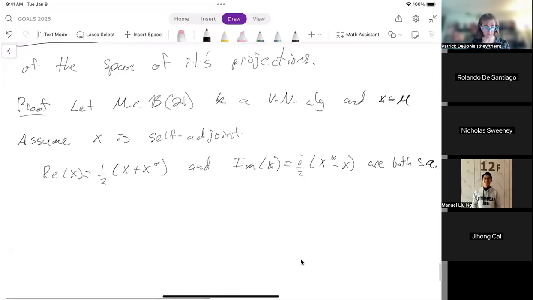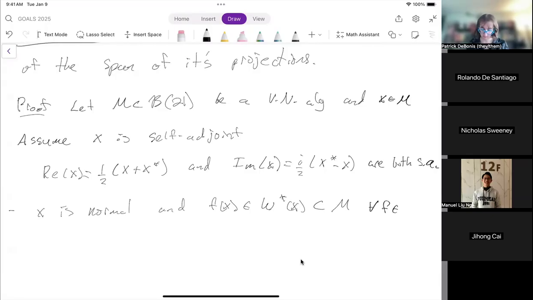So in particular, x is normal, and by the Borel functional calculus, f of x is going to be inside the von Neumann algebra generated by x, which sits inside M, for all bounded Borel functions.